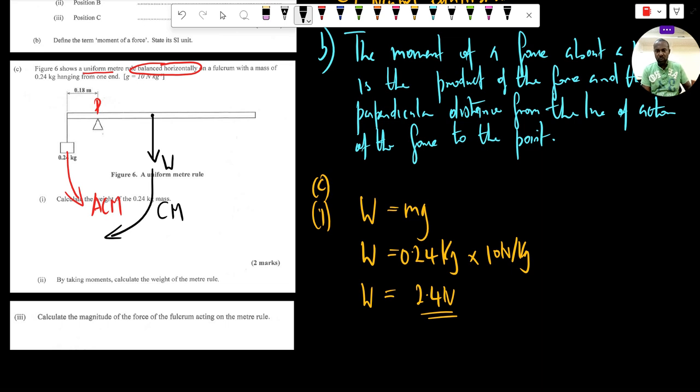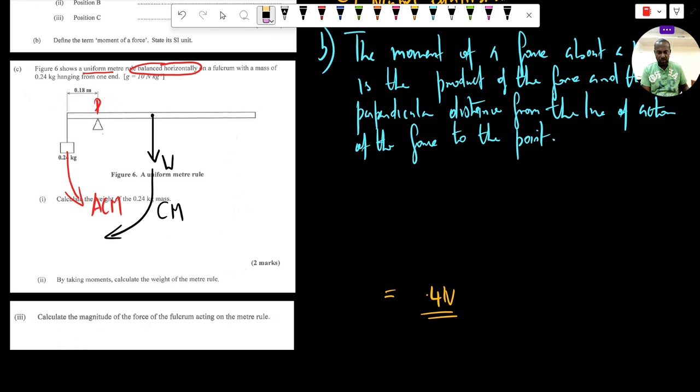So of course we know that the weight of the 0.24 kilogram mass is 2.4 newtons, and we'll be needing that value, right?